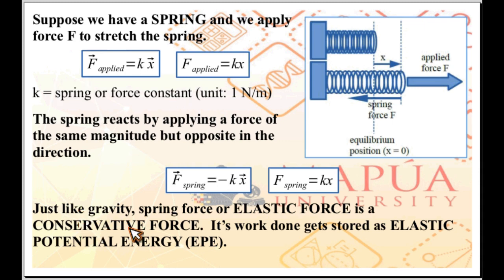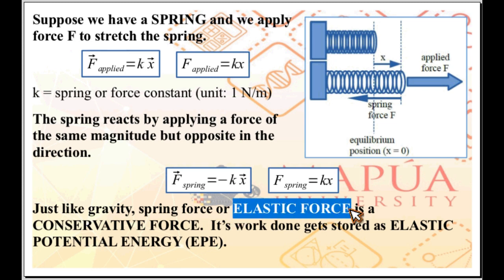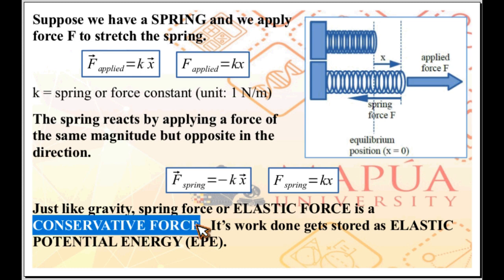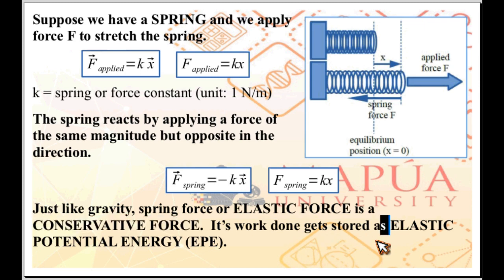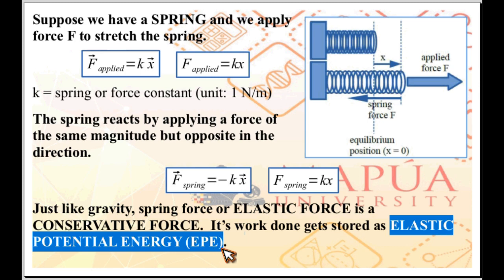Just like gravity, spring force, or we may refer to it as the elastic force, as it turns out, is a conservative force. And just like gravity, work done by the spring gets stored in the form of potential energy, in this case, elastic potential energy.